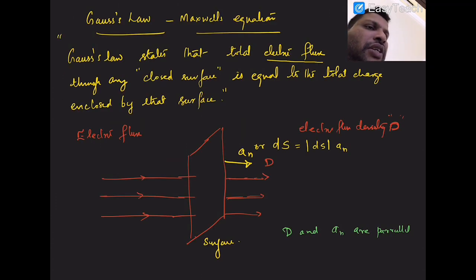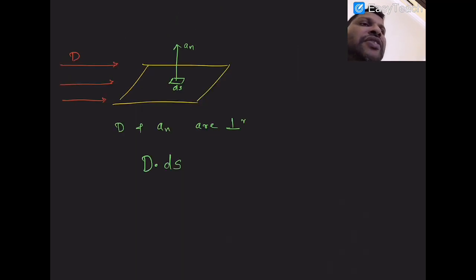The direction of ds in these two cases is different: in one the normal is parallel, and in this case it is perpendicular, and no flux will be penetrating through the surface. I can define this with the dot product, because the dot product will give you zero effect when the two quantities are orthogonal, and it will give you the maximum effect when they are parallel.